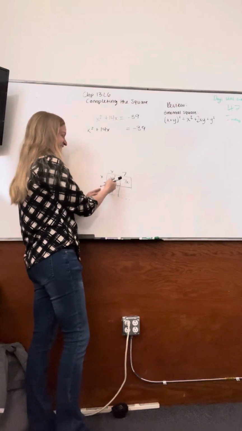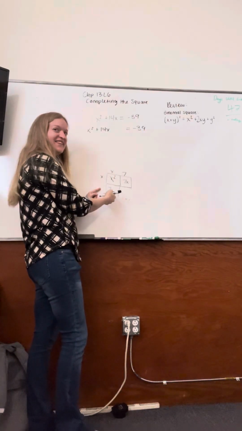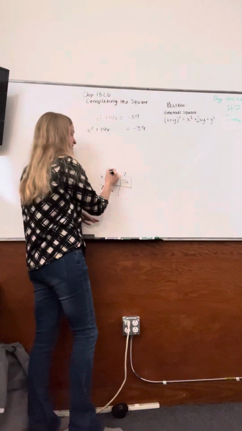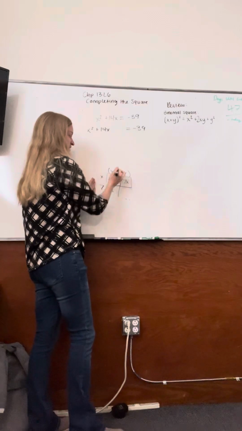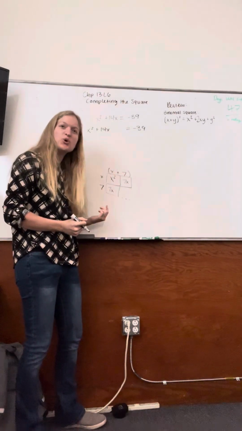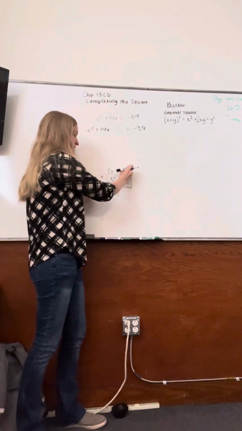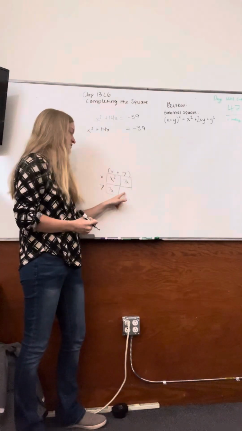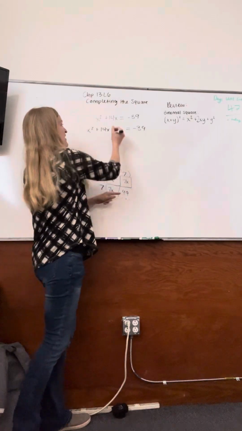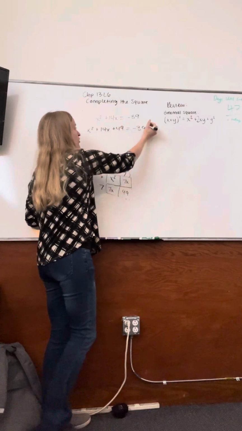Cadence, x times what number equals 7x? 7. Both of these are positive 7, so I can see that the number is x plus 7 times x plus 7. But in order for that to be true, this has to also be 7 times 7. So what's this number? 49. There we go. We're going to add that 49 here and also over here.